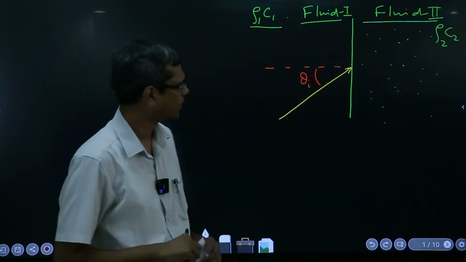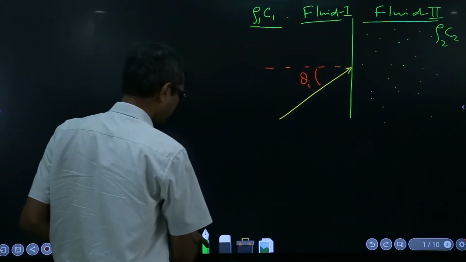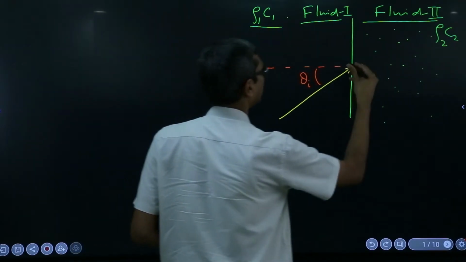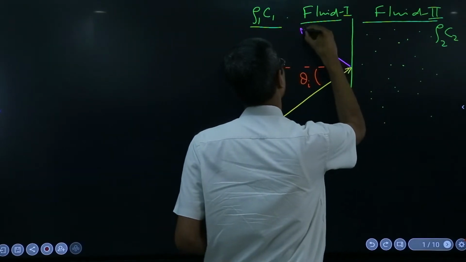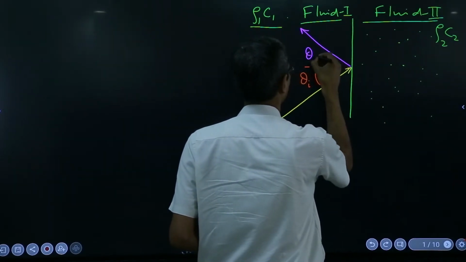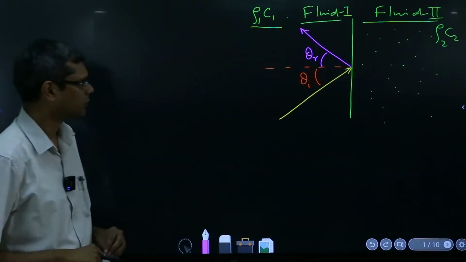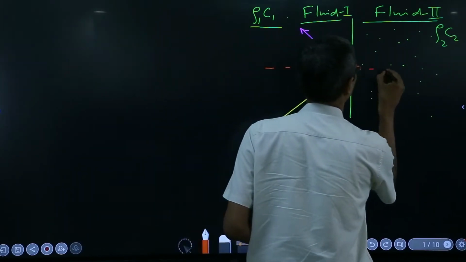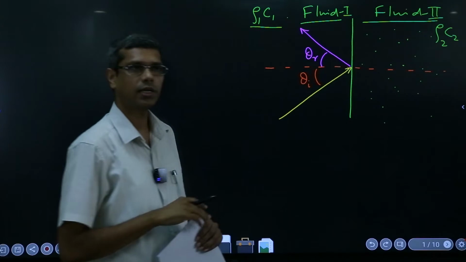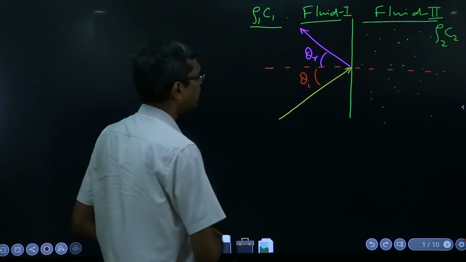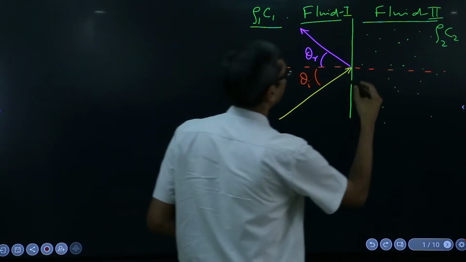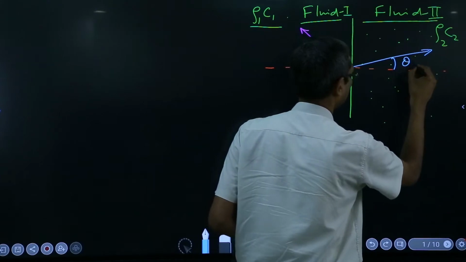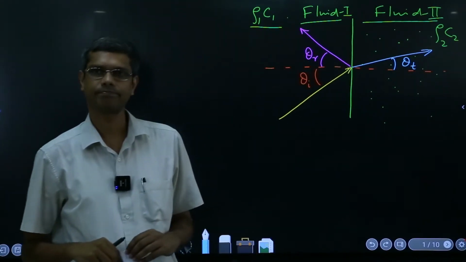So the wave which reflects goes at the same angle, this is theta r, and theta I is equal to theta r. If that is so, then what will happen to the one which gets transmitted? Again the same thing: it gets transmitted like that, and this angle we will call theta t.